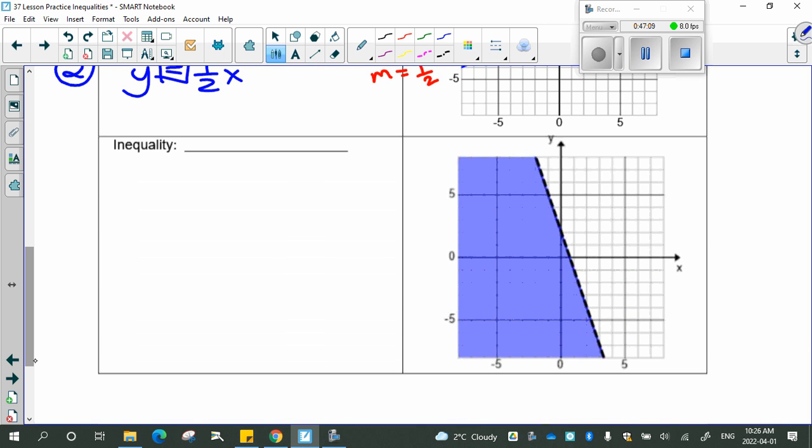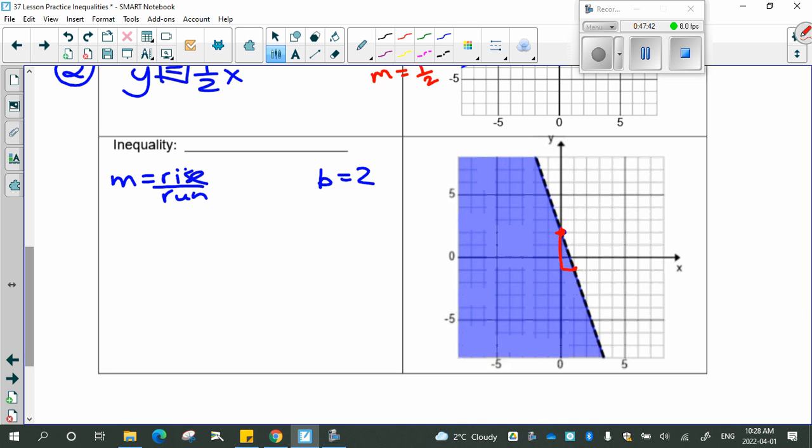Okay, and the last one. So finding the equation of the boundary line, I would like to see where the y-intercept is. So the b is 2. M is the rise over the run. So I have to make a right triangle. Here maybe.